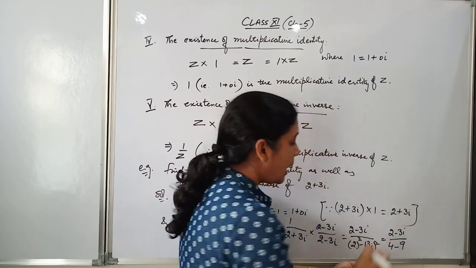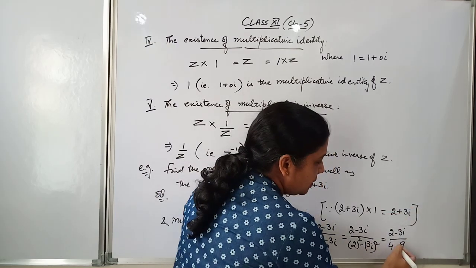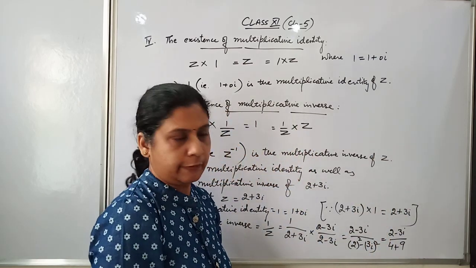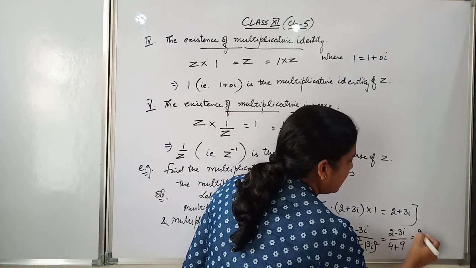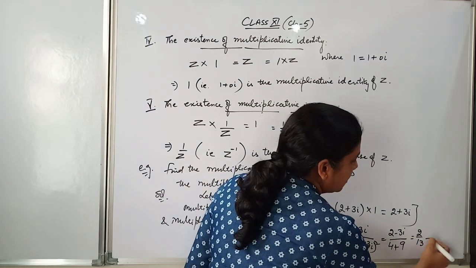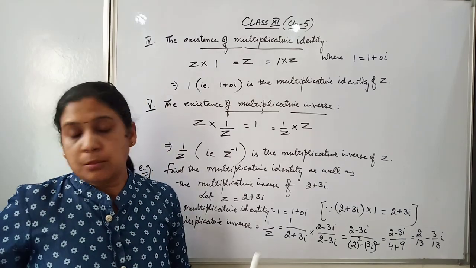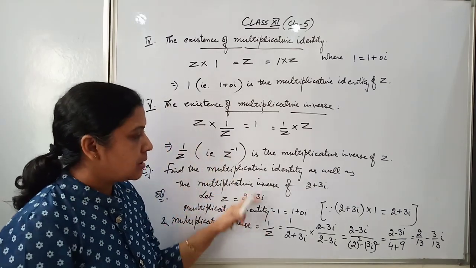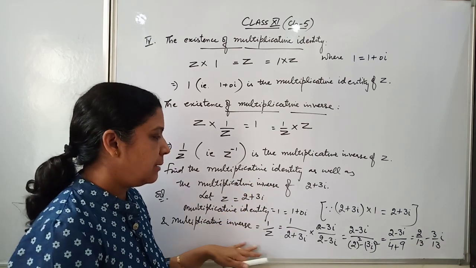It is 9. Iota square is minus 1. 9 into minus 1 means minus 9. So this negative becomes positive. Now 4 plus 9 is 13. So we split the number as 2 by 13 minus 3 iota by 13, because these numbers are very easily transferred with their multiplicative identity, multiplicative inverse.